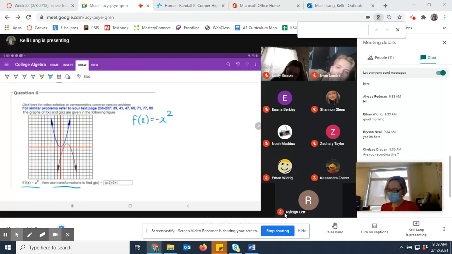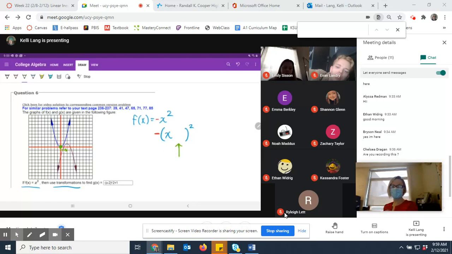The next thing I notice is that we have a horizontal shift. So if we were here to start with, we've shifted 2 units to the right. So what that tells me is I need to put something inside parentheses within the parent function.